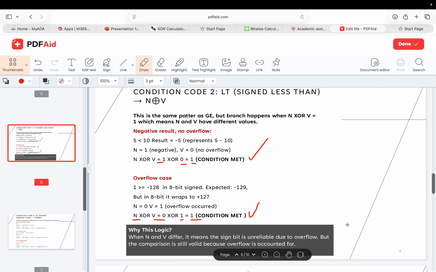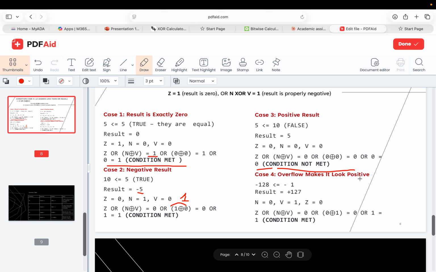And the last one, we compare minus 128 and minus 1. The result is positive 127 in 8-bit calculation. Which is not correct, actually.